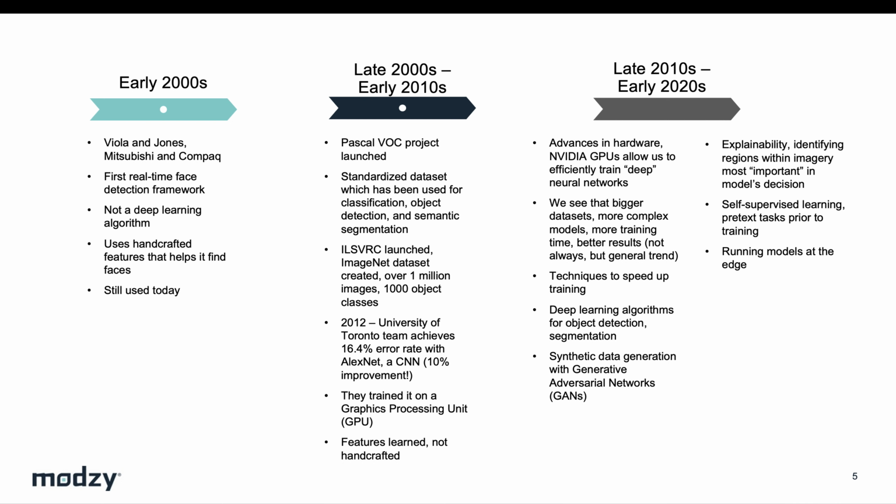This was a convolutional neural network. They trained it on a graphics processing unit, which is a processor traditionally used to generate graphics, but we've found a lot of parallels between those computations and those required to train convolutional neural networks, specifically around parallelization. So they used a GPU to train a convolutional neural network, got a huge increase, and those features are learned.